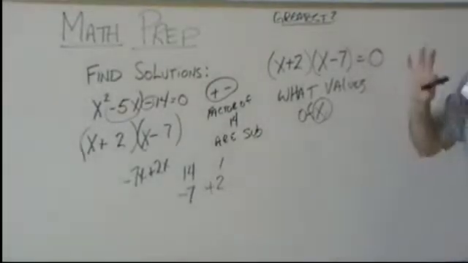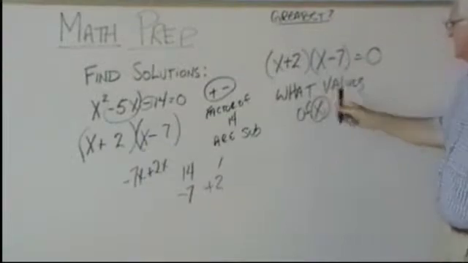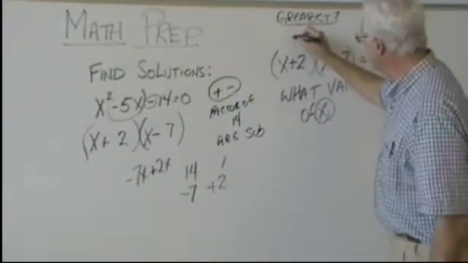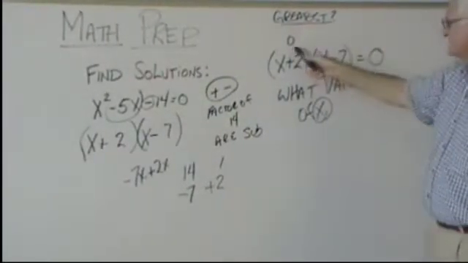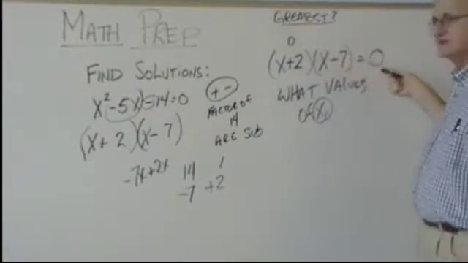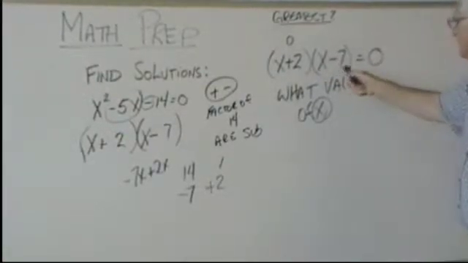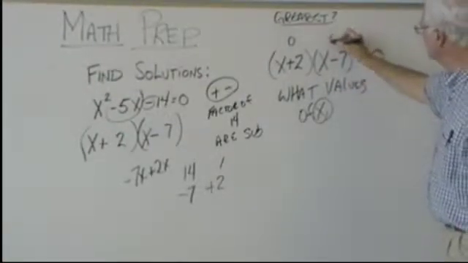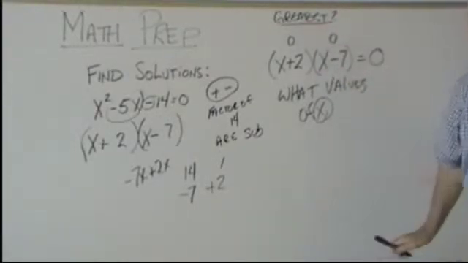The slick trick, real easy. So I want to make this whole thing equal to 0, because 0 times anything is going to give me 0. How can I make this piece right here equal to 0? Those will be my 2 solutions.